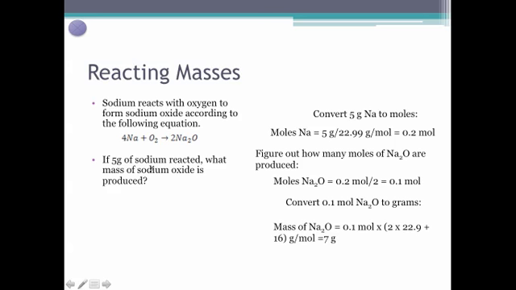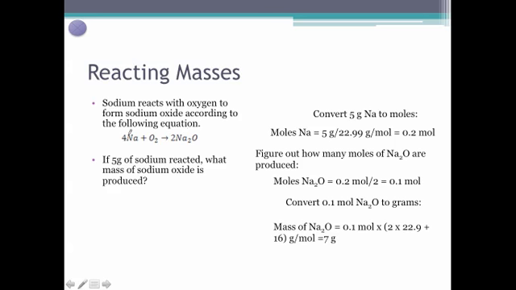There's nothing you can do about it. I guess the first thing that I need to point out to you is that this equation, when it's balanced, is telling you the proportions with which things are reacting and then producing particular products. So I start with 4 sodiums, it reacts with 1 lot of oxygen, it forms 2 lots of sodium oxide.